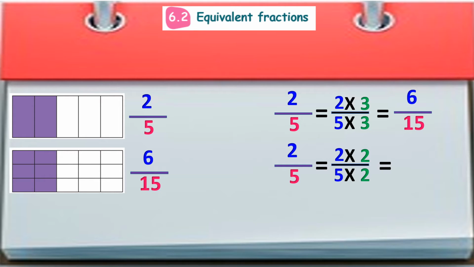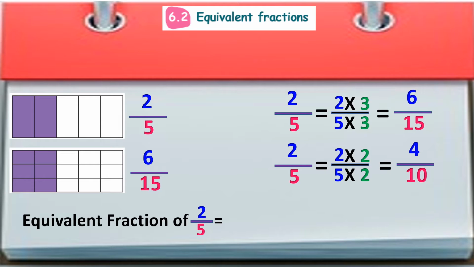So the equivalent fractions of 2 by 5 are 2 by 5, then 4 by 10 and 6 by 15 and so on. Like this, if you multiply the numerator and denominator with the same number, you will get one more equivalent fraction. Is it clear now?